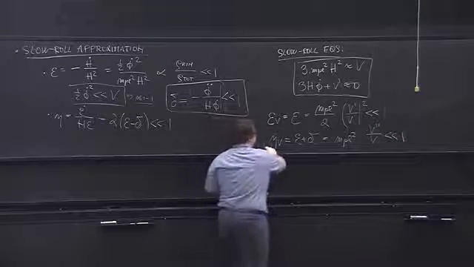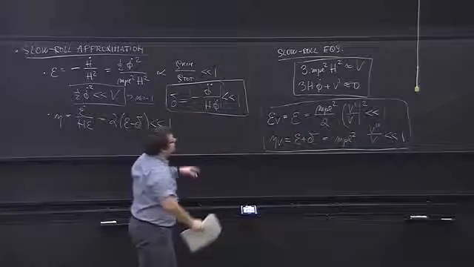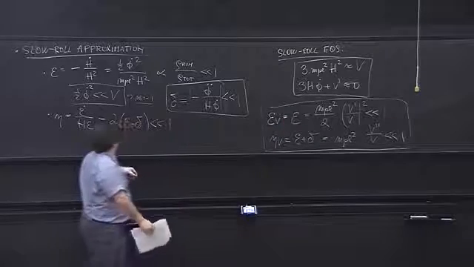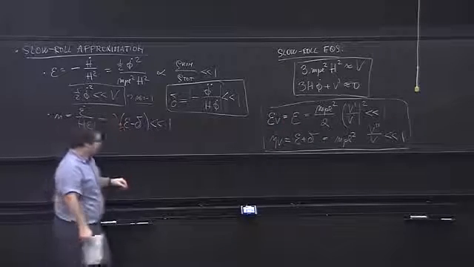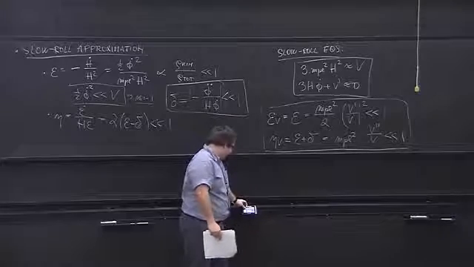So these are the conditions. How I get these is very simple: you just play with these equations and with the definition of delta and other things. Let me just do the first one, and then you can do the second one if you want.